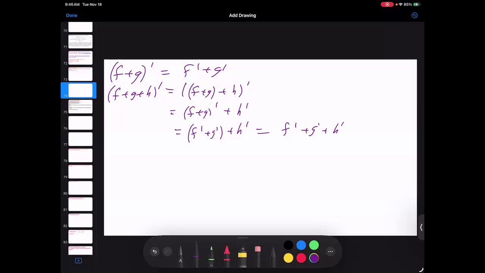What are we technically using here? What's the proof technique? Induction. So this is an induction argument.